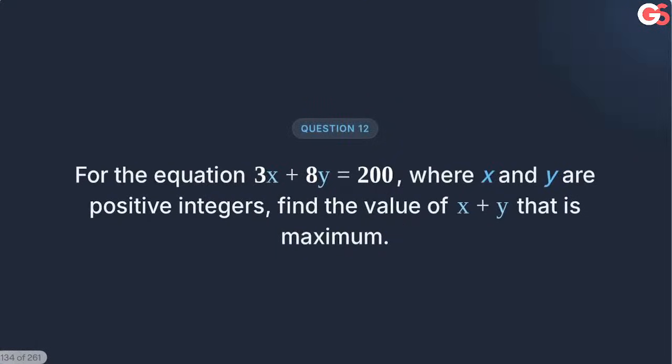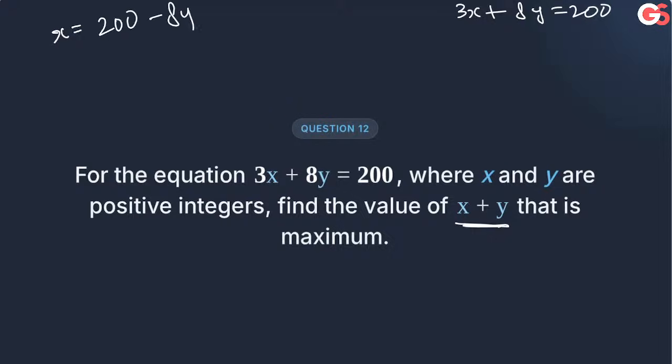Next, the value of x plus y, that is maximum. So 3x plus 8y is equal to 200. We know that, and we can solve it, right? So I can write x is equal to (200 minus 8y) whole upon 3, which is 198 plus 2 minus 6y.